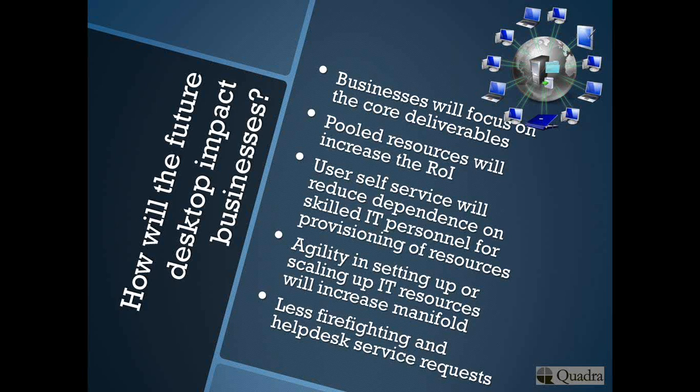Now, when businesses look at virtualization and desktop delivery from a virtualized environment, the resources are all pooled. The storage resources, the network resources, the file resources, the hardware server resources, the memory, the processor, these are all pooled at the data center.